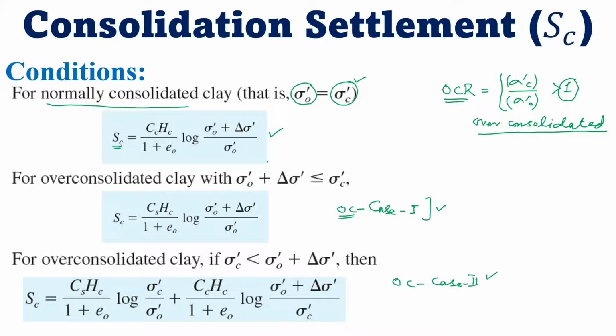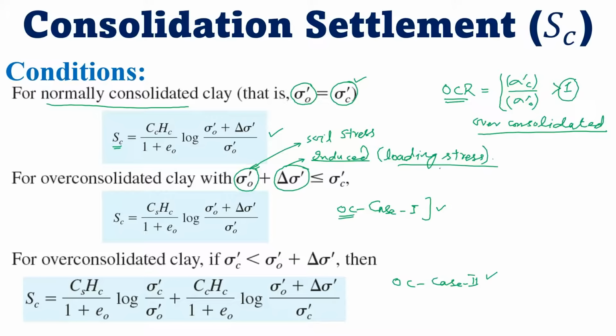For this we have to check the sum of the vertical effective stress and the induced stress. This is the vertical effective stress and this is the induced stress. Simply, this is the soil stress and this is the loading stress, the stress due to applied loads.